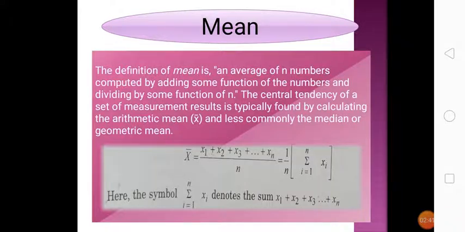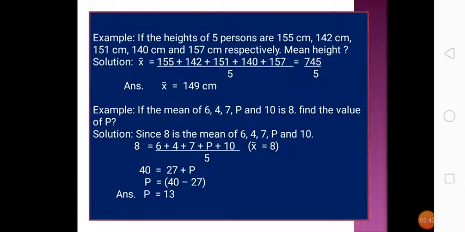For example, if the heights of 5 persons are 155, 142, 151, 140 and 157 centimeters respectively, what is the mean height of the 5 persons? We can apply the above mentioned formula of mean and calculate the value of mean height.